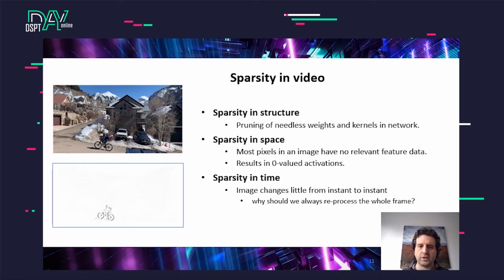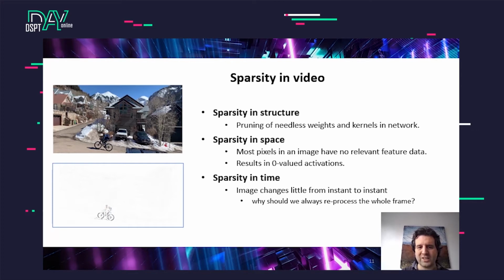If we look at any sensor that provides us data, the content of information is limited. I have here an example, for instance, of a road where a biker is moving around. If we are on the road, we may be just interested in the stuff that is moving around us. If I look just at the change that happens from one frame to the next in this image, because everything is still, from the first instant that we look at the system to the second instant, actually nothing changes.